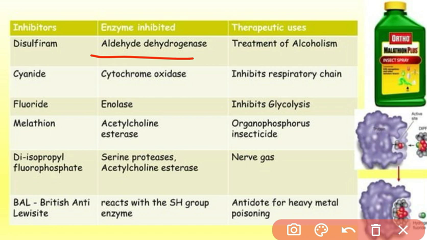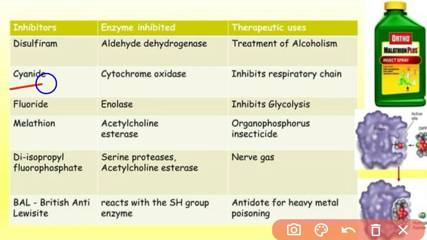Disulfiram irreversibly inhibits aldehyde dehydrogenase by competing with nicotinamide adenine dinucleotide, that is NAD, at the cysteine residue in the active site of the enzyme. So this inhibits the activity of aldehyde dehydrogenase, and it is useful for the treatment of alcoholism.